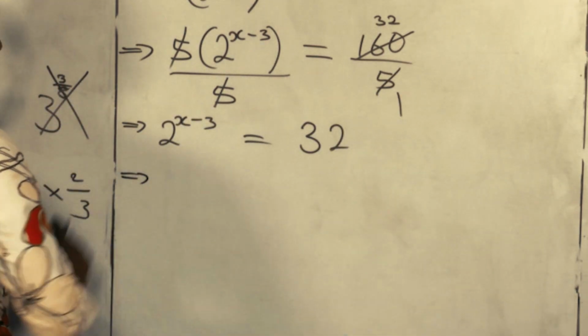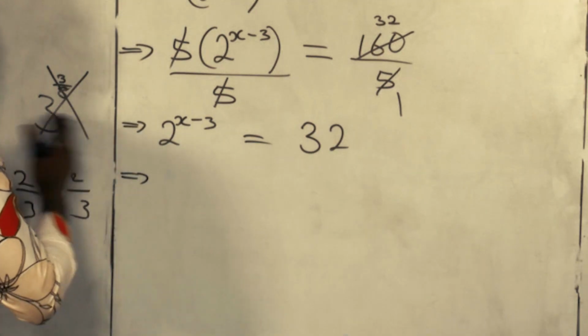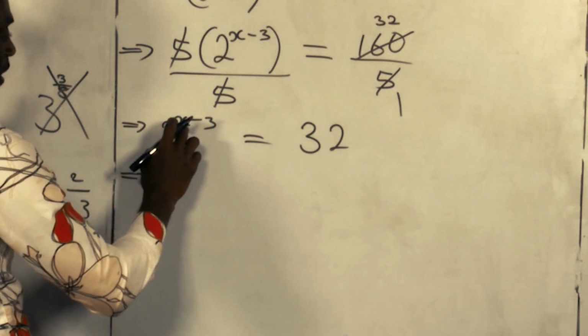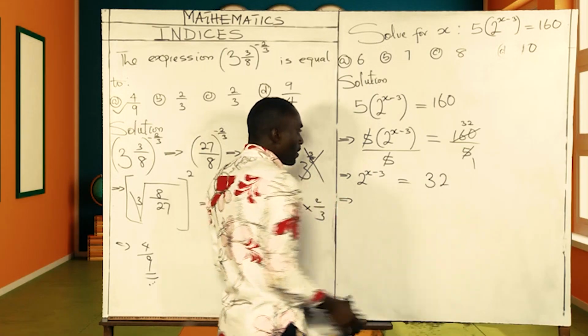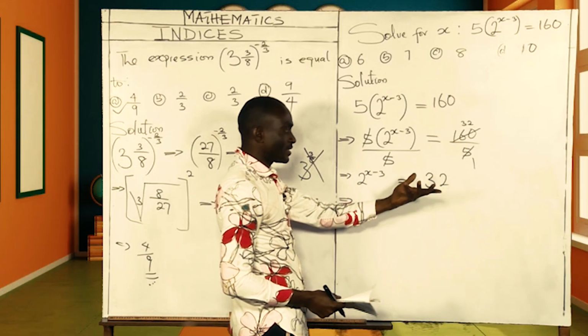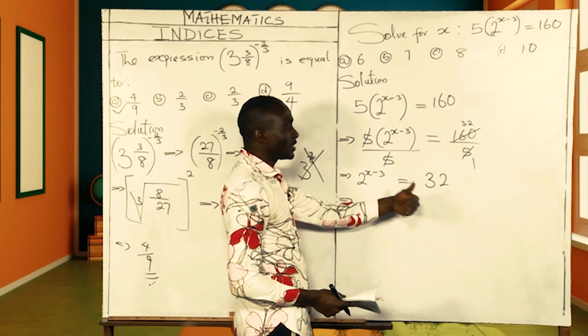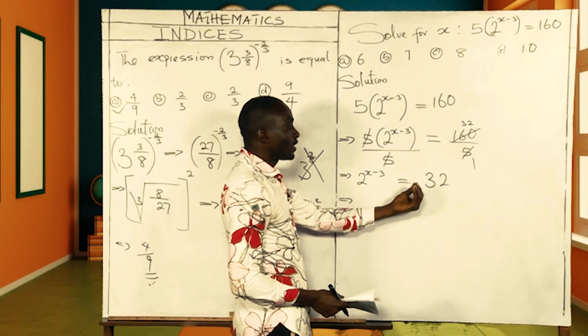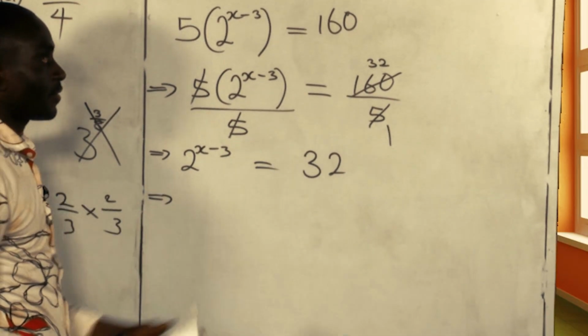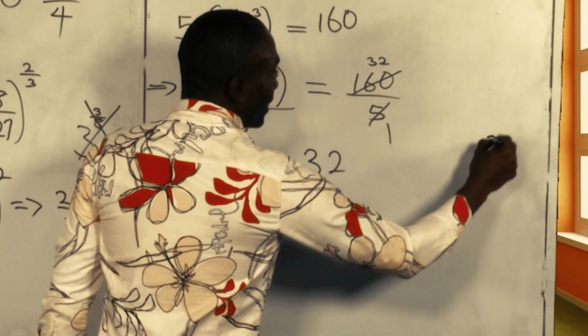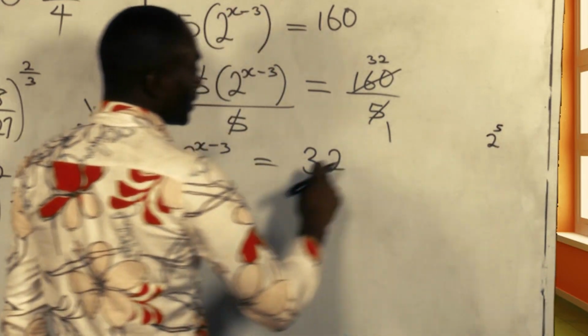Now, 2 raised to the power is the base on the left hand side. I can as well express this 32 in index form, which gives us 2 raised to the power 5. 2 raised to the power 5 equals 32.